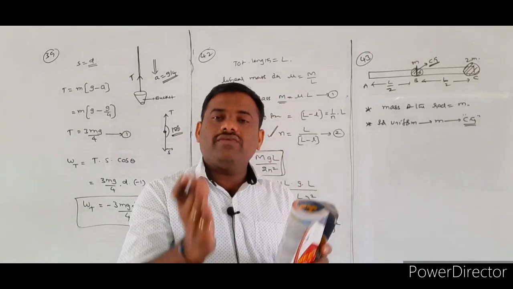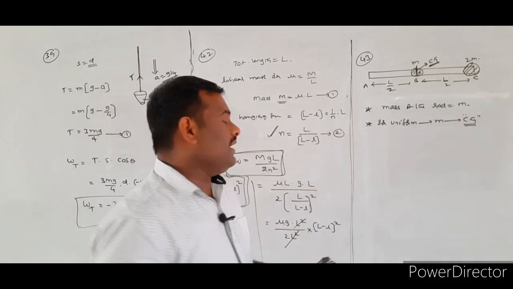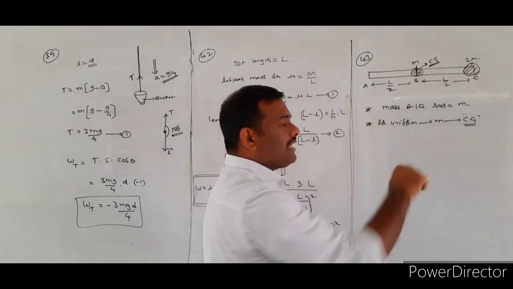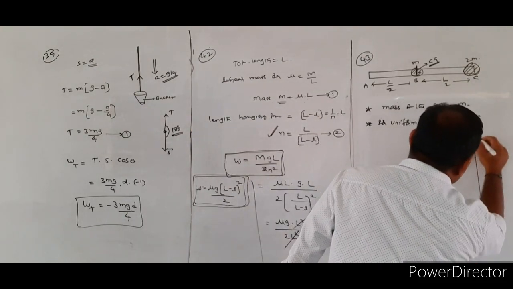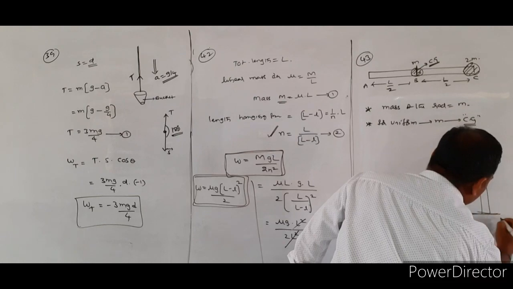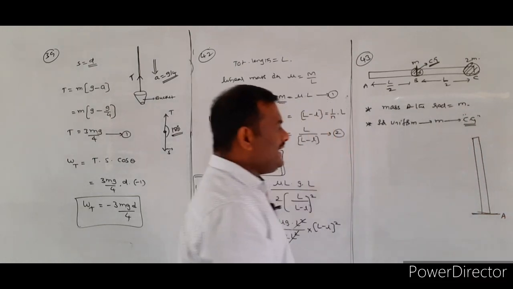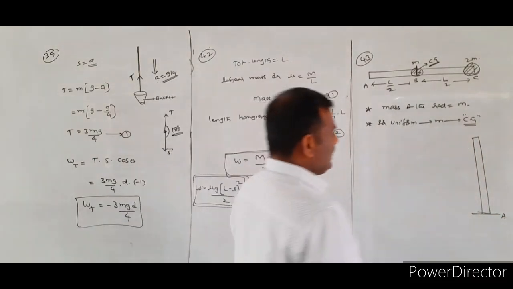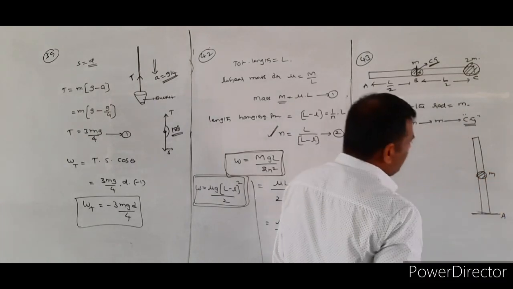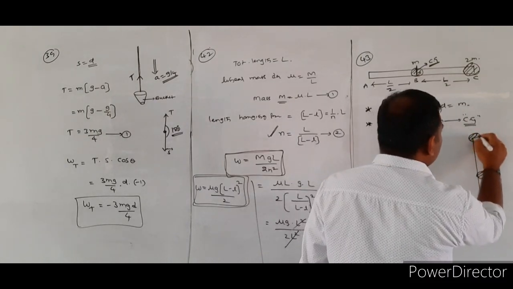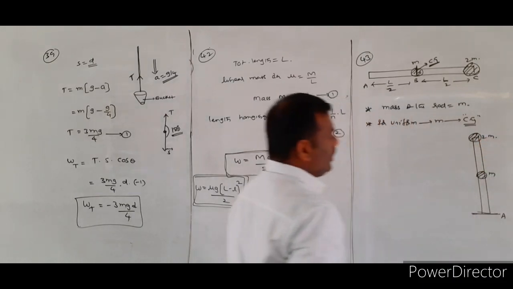They want to make the rod vertical by keeping the point A on the surface of the ground. The corresponding diagram is like this: the point A is on the ground, the point B is at the middle whose mass is equal to m, and the point C is at the top whose mass is equal to 2m.